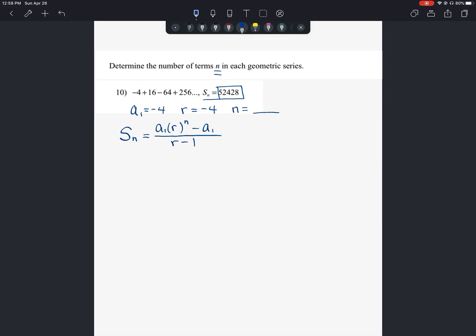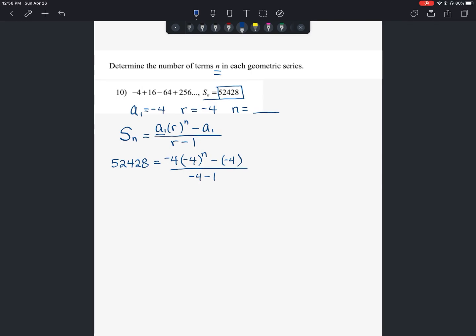We'll put that in first. 52,428 equals our first term, -4, times another -4 raised to the power of n. Then we're going to subtract another -4. And this is all being divided by -4 minus 1.